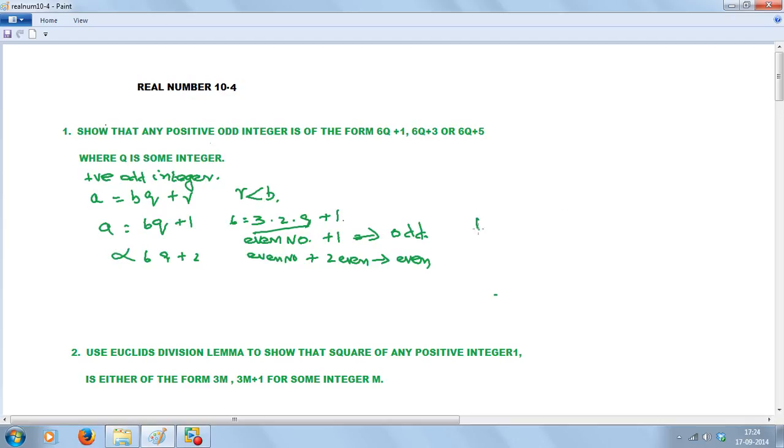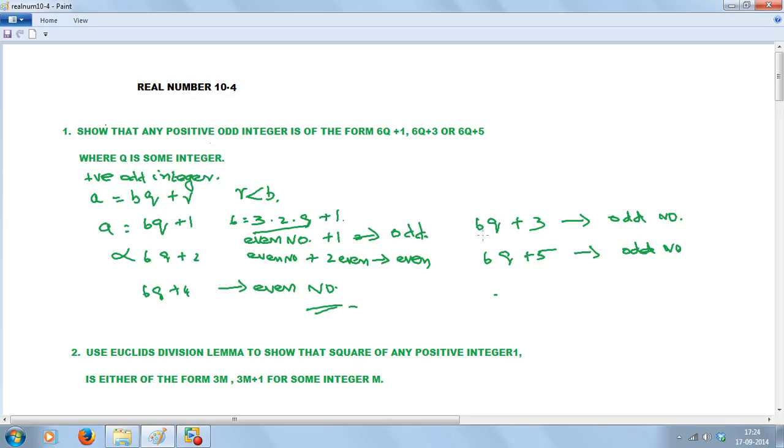What will happen if you take 6q plus 3? Even plus odd, the result will be an odd number. Similarly, 6q plus 5 will be an odd number. What about 6q plus 4? It's certainly an even number.